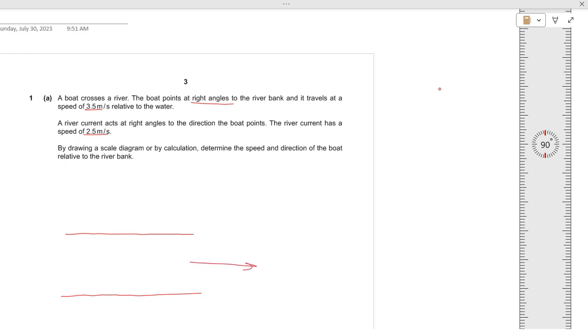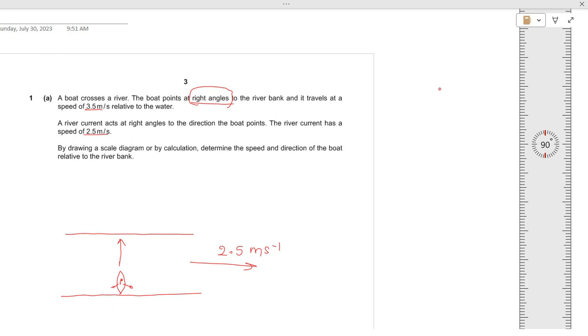And there's a boat like this, which is trying to cross the river. So it's moving perpendicular, at right angles, to the river current.